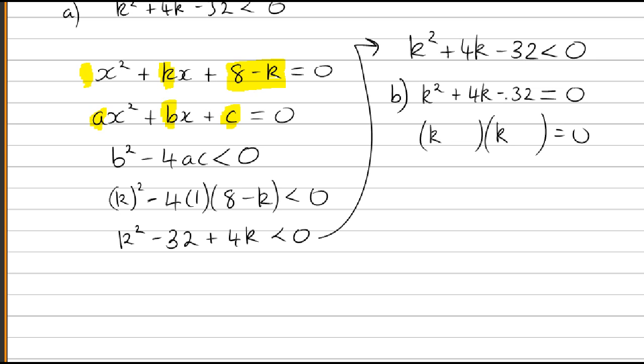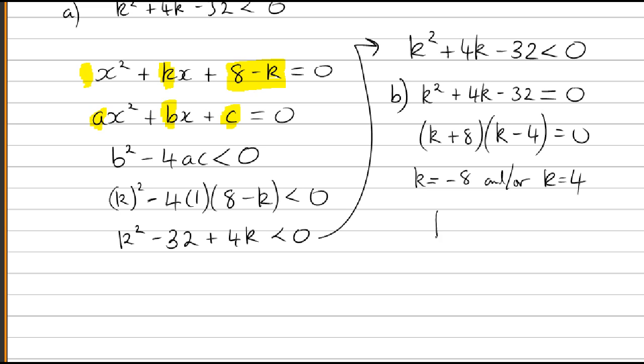Two numbers that multiply make minus 32, upon addition make positive 4, and that's positive 8 and negative 4. So the two values of k are k equals minus 8 or k equals 4.